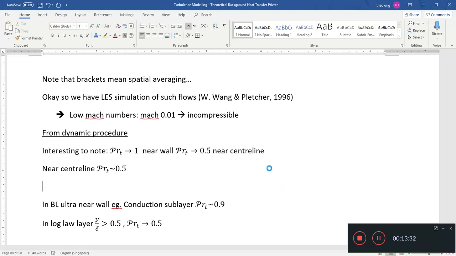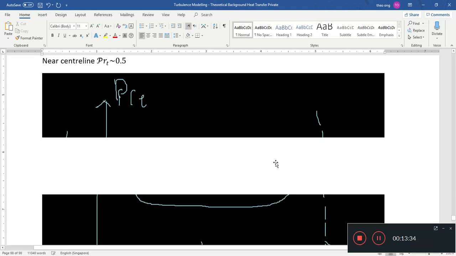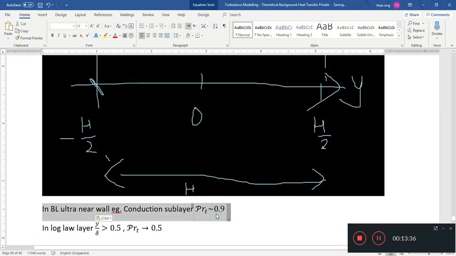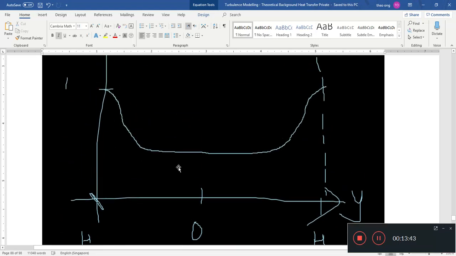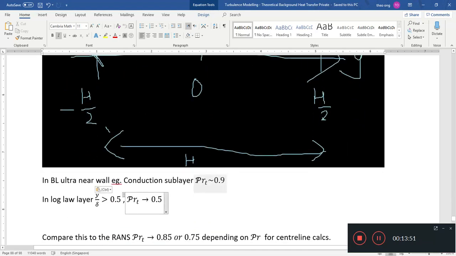Okay, so again, in the conduction sublayer, which is near the wall, the Prandtl number is 0.9. In the log law region, you can use, I think, 0.5. That should be fine. So the Prandtl number actually varies from point to point. If your CFD solver has a wall function, you could use the Prandtl number 0.9 there, if OpenFOAM allows you to do that, define one Prandtl number near the wall and then one for the rest of the flow.